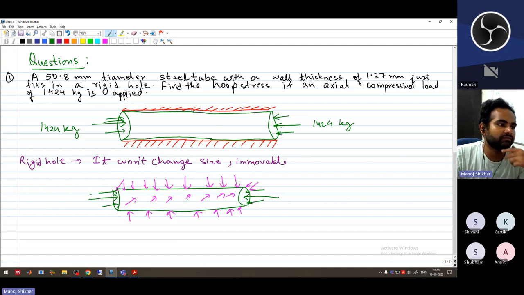So there are a few things which we can say about the deformation map. The first thing is u theta will be 0.